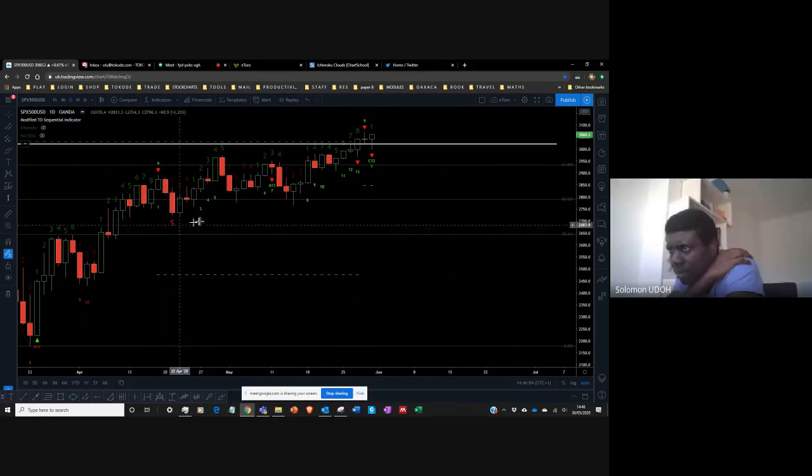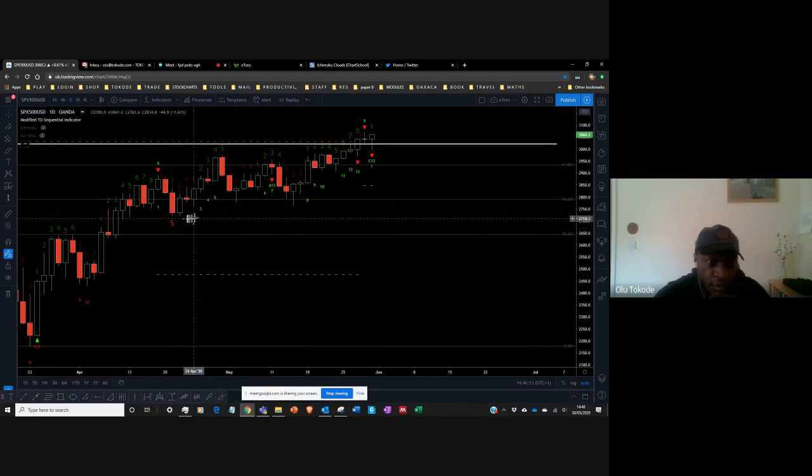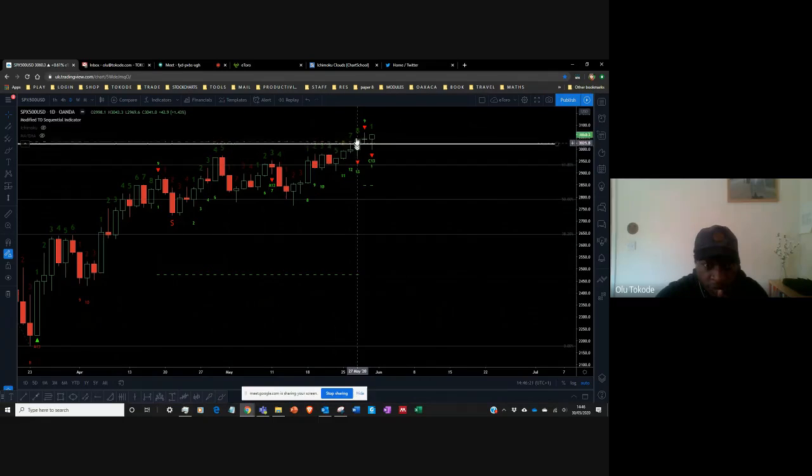So you said what's the difference between aggressive 13, A13, and C13? After you count down all the way to 13, then you have reached exhaustion, and then you can take a sell position. Some traders might feel comfortable going short before you get to that 13. That's the aggressive 13.